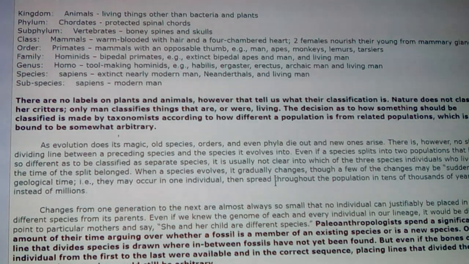But even if the bones of every individual from the first to the last were available and in the correct sequence, placing lines that divided the sequence into species would still be arbitrary. In other words, if you took a picture of now, and a picture of 4,000 years ago and looked at them, you'd be able to go, see the changes? But it takes a longer timeline to do that.